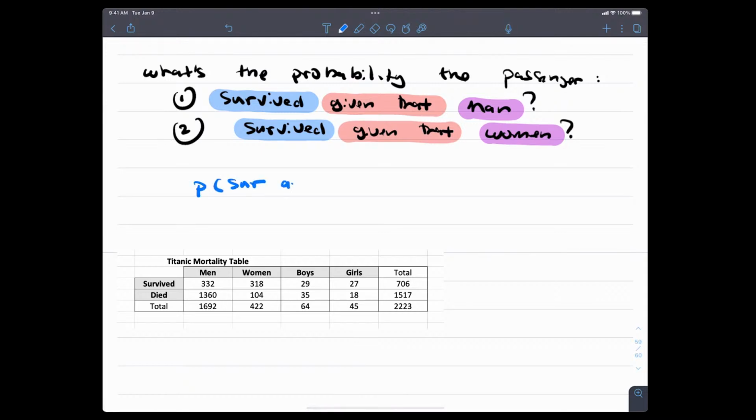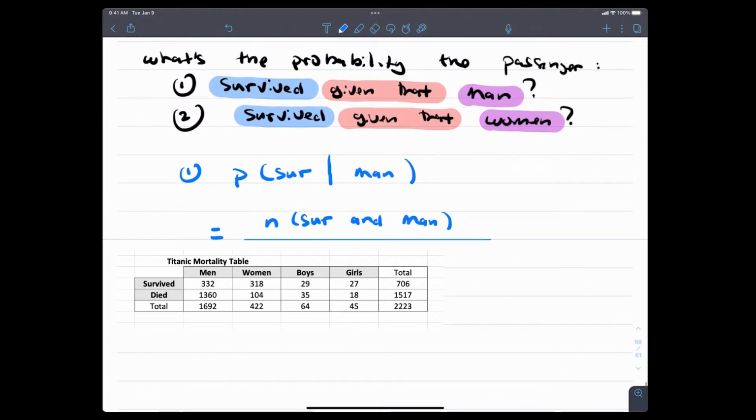You survive and you're a man. Let me write it all together. Right? So the first one's going to be symbolically probability you survive, given that you're a who, you're a man. That's defined to be, ladies and gentlemen, number of survivors and men over the number of who? Men.